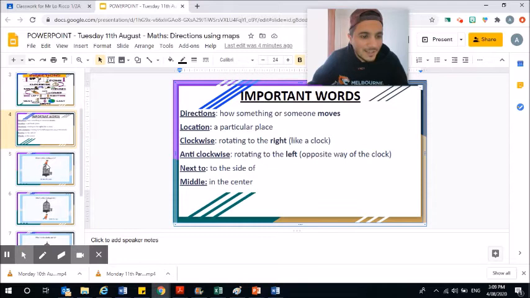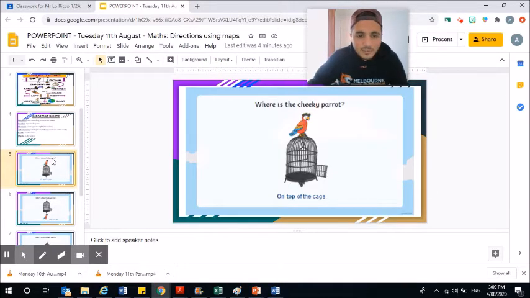And let's have a look at some other important words that help us describe location. Let's look at this picture. Where is the cheeky parrot? The cheeky parrot is on top of the cage. So on top of is another word that we can use to describe where something is.